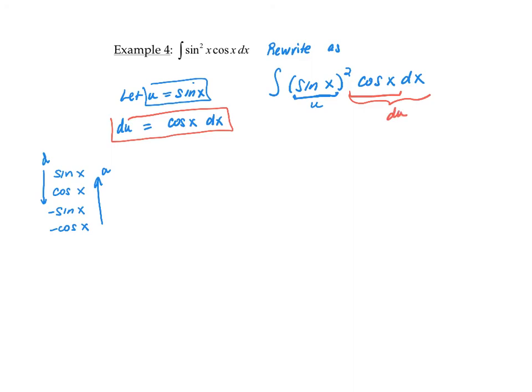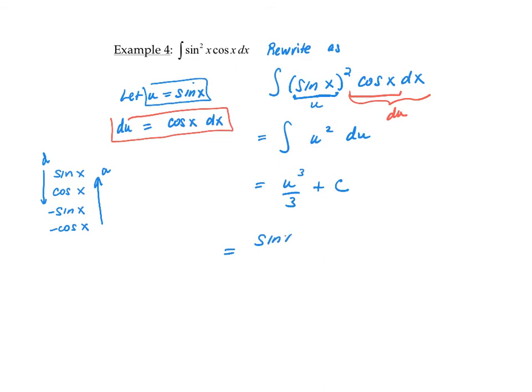So our problem now becomes the antiderivative of u squared du. All right, so now take the antiderivative, do u to the third over 3 plus c, and then plug back in what we set u equal to, which was sine of x.